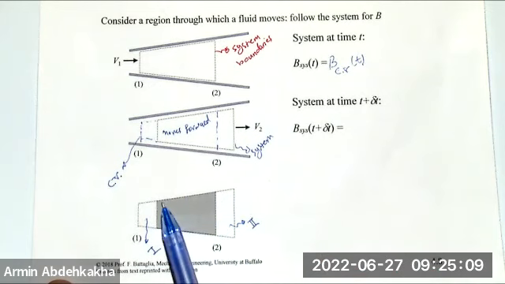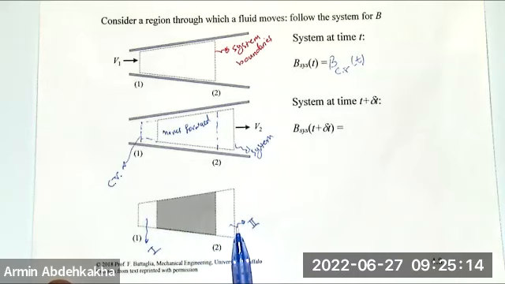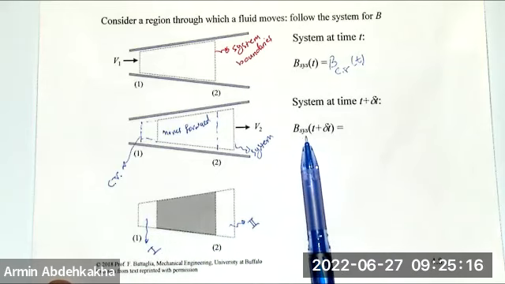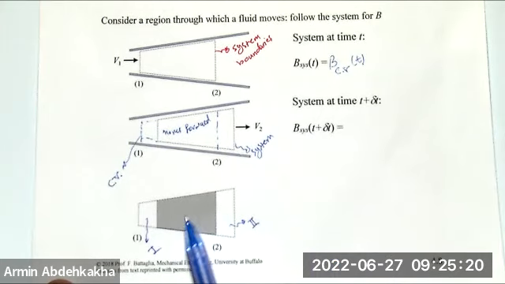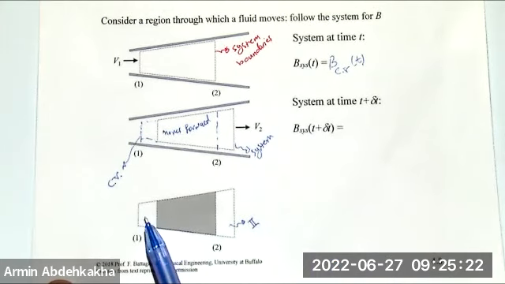From here to here is my new system, right? So that is B of the system at t plus delta t. Perfect. So I know that this is part of it, okay? And that's not in the system now, but it is in the control volume.